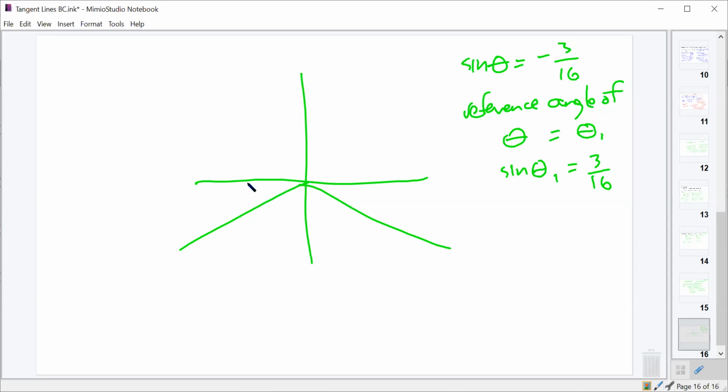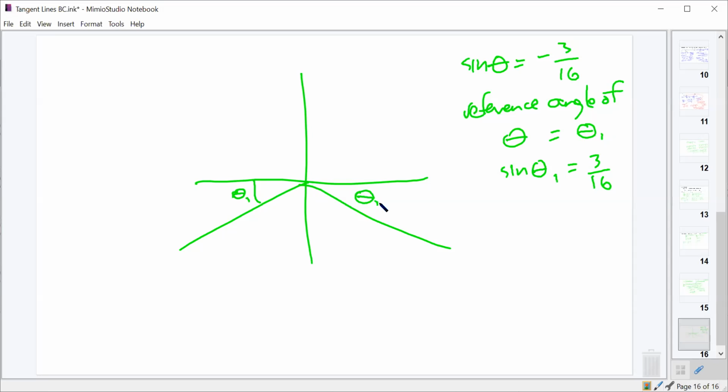And here is a value of theta 1, and here is, I don't know why I did that backwards. Here is an angle, just that little angle should be the same value as theta 1, and this little angle should also be the same value as theta 1.